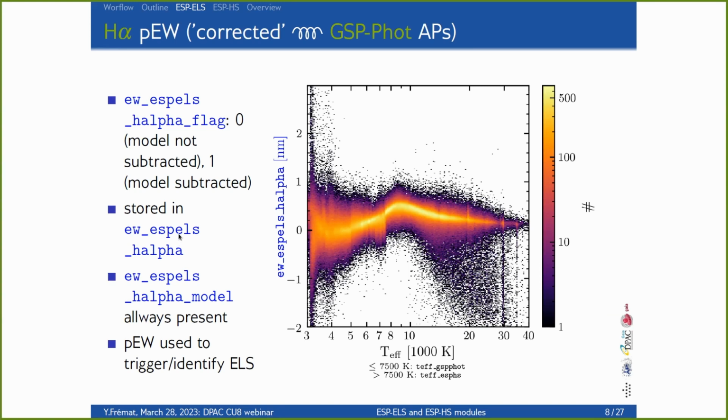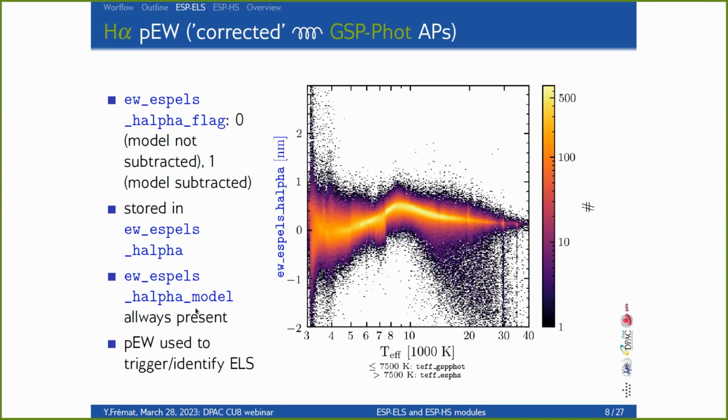The corrected value means that for the hot stars, above 5,000 K, the value is as it has been measured. There is no model value that has been subtracted. But below 5,000 K, what you will find in this field is the value from which the model value has been subtracted.